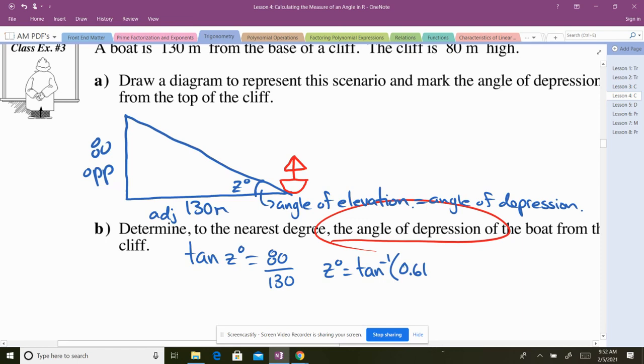They want the nearest degree. Is it 32? Because I get 31.59 and so on.